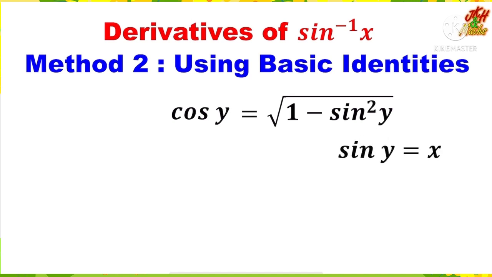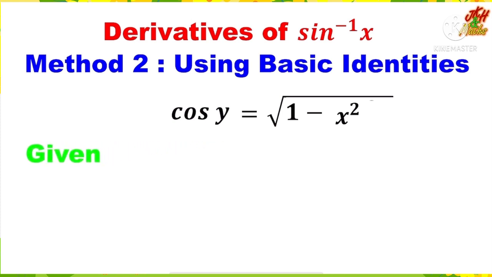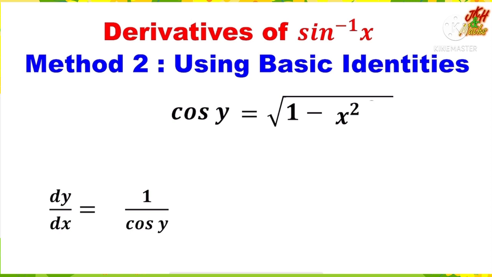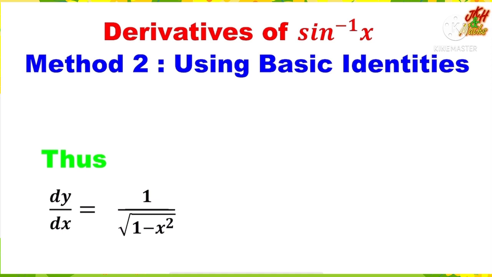From our previous relations, we know that sine y is equal to x. Therefore, when we square both sides of this equation, it gives us sine squared y is equal to x squared. So therefore, given dy/dx is equal to 1 over cos y, thus we substitute this value, so dy/dx is equal to 1 over square root of 1 minus x squared.